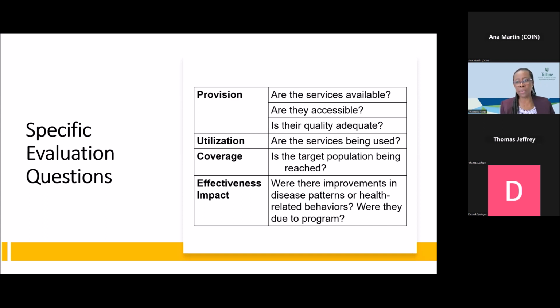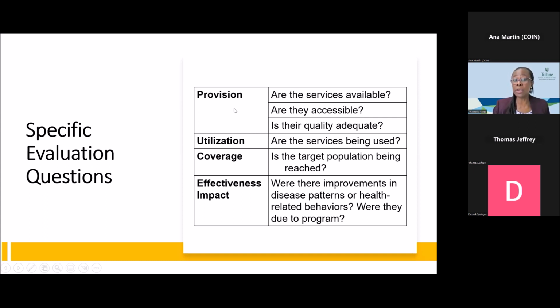So there's some logical order to these questions, and different people tend to be interested in different things. If you're a program manager, maybe you're looking at the first four. Some donors are very much interested in the last set of questions, whether there are improvements in health behaviors, and were they due to the program? And these questions imply different evaluation designs, and they have different cost implications as well.